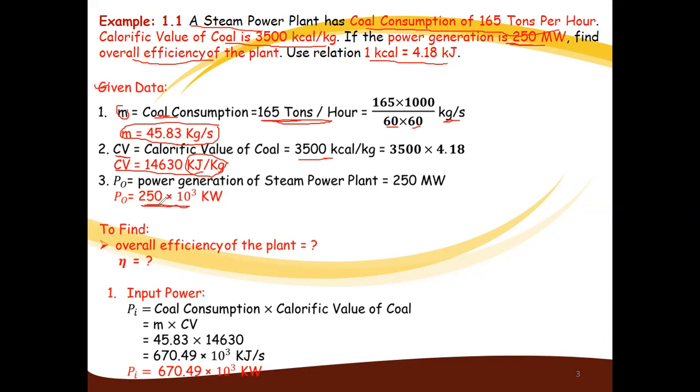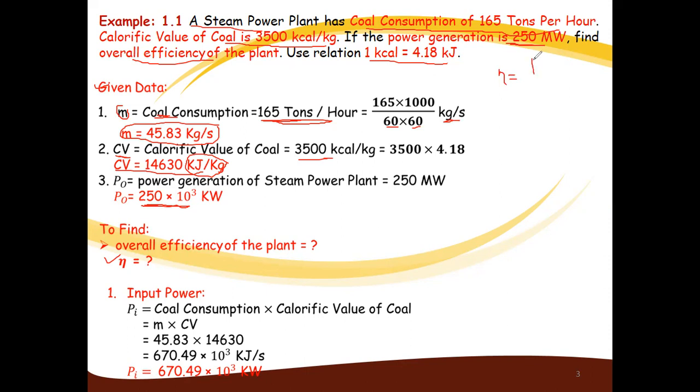Now we have to find the overall efficiency of the plant. Efficiency is denoted by the term eta. To find efficiency, we have two terms. We know that efficiency is nothing but the output power upon input power.